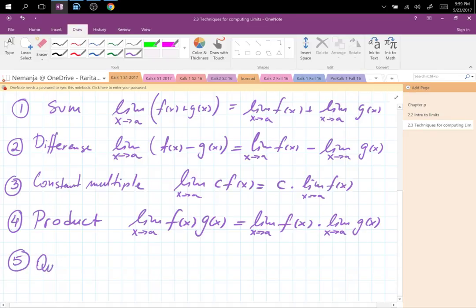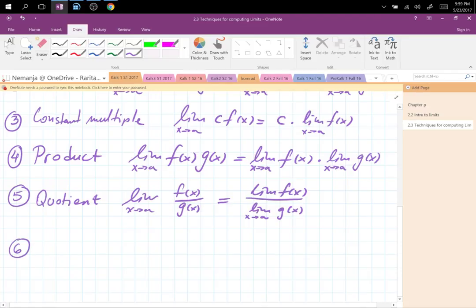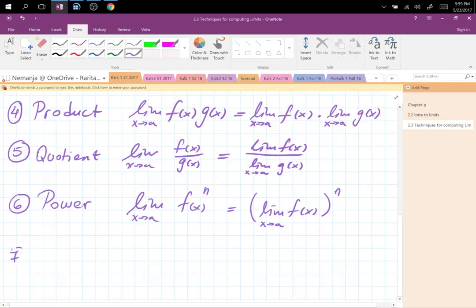Quotient, same deal. Power, and finally fractional power.